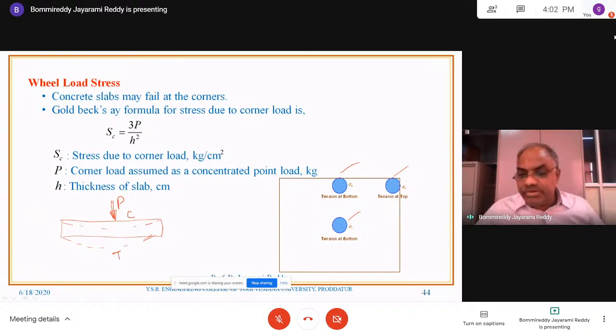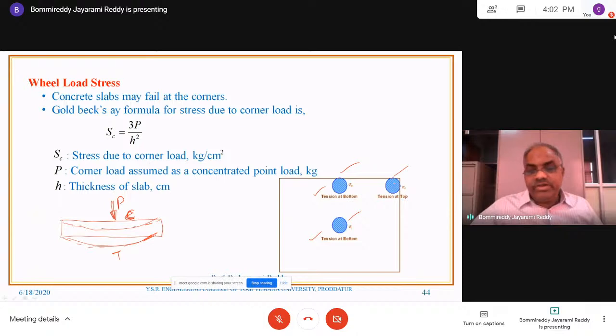Tensile stresses are induced at the bottom and compressive stresses at the top due to interior loading. Similarly, when the load is at the edge, it also deflects in this fashion, so naturally tension at bottom and compression at top.